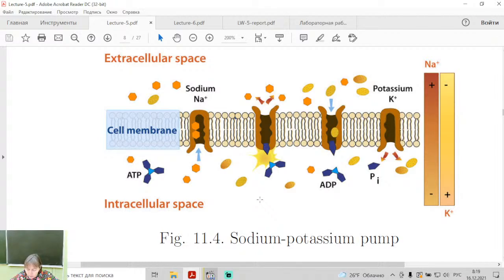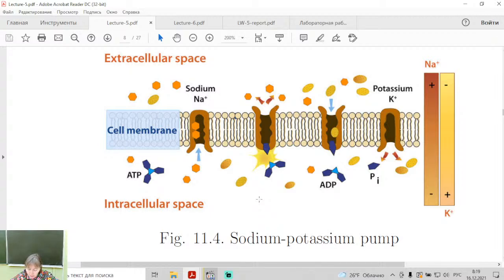We will consider the sodium-potassium pump. Three sodium ions and two potassium ions are usually transported during one pump action cycle, though under artificial conditions this ratio can be another one.